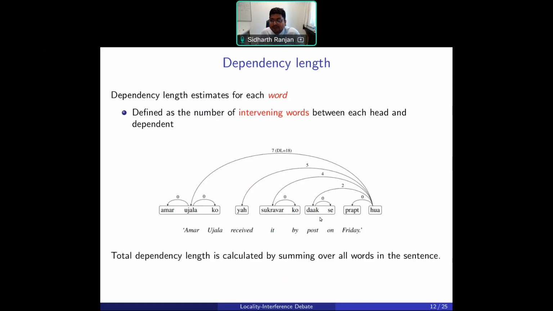So 2 is the dependency length for the word dark. We compute total dependency length by summing over the dependency lengths of all the words in the sentence, and then compute the average value, representing the memory load associated with this sentence.